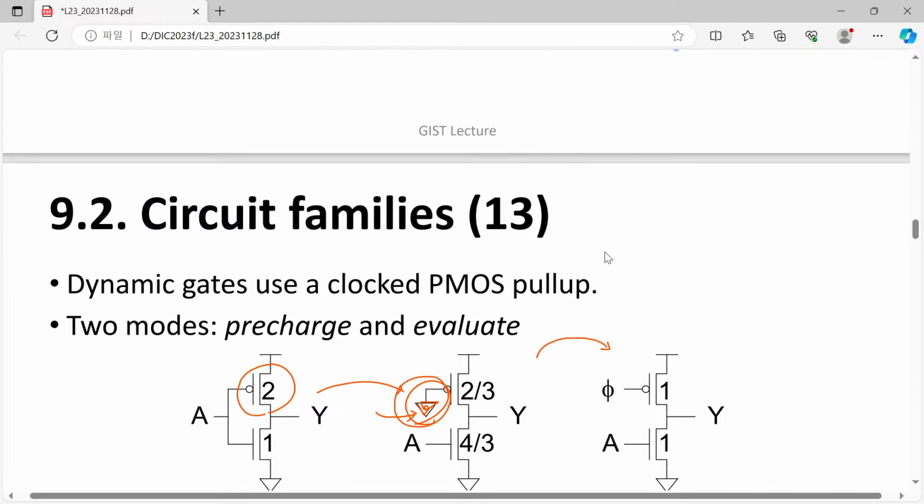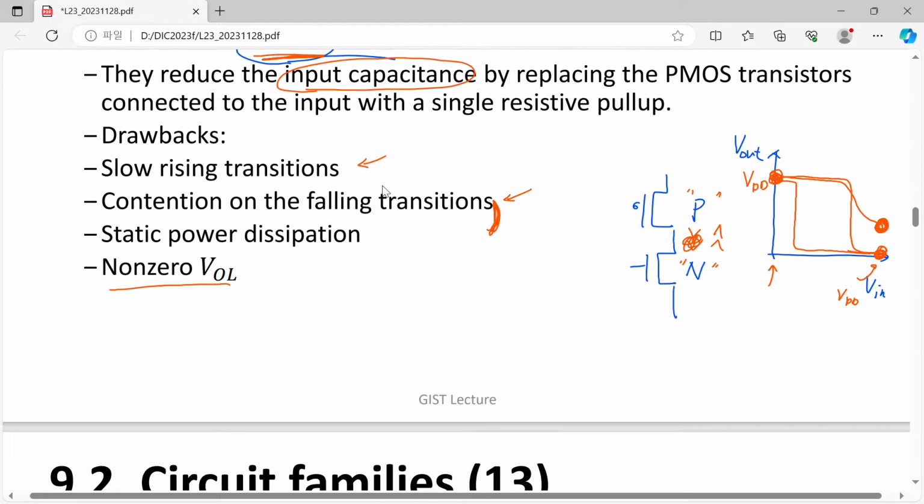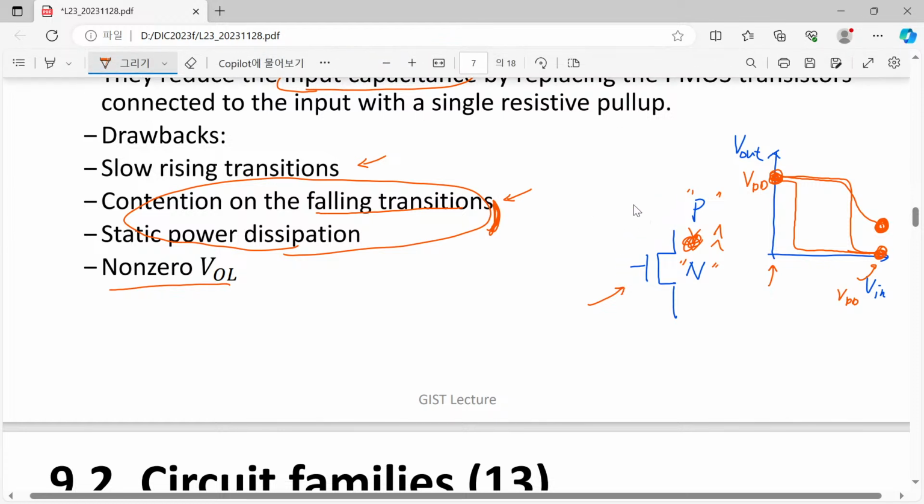Good. But point is, one of the significant difficulties was this one. When we have the falling transition, now that is determined by this MOSFET, even in this case our PMOSFET, which has the gate voltage grounded, always tries to conduct something.